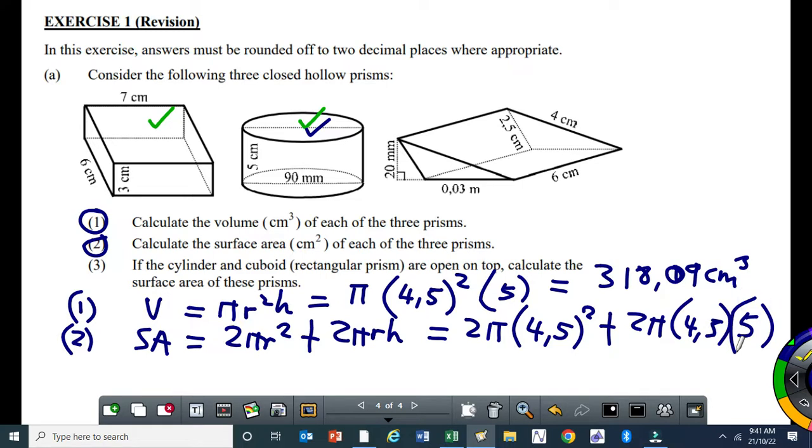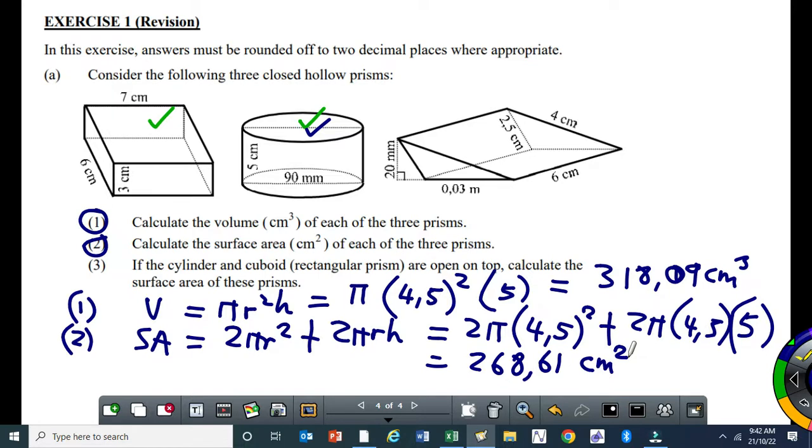Use the calculator, then what do you get? 268,61. Now this is area, so it will be centimeters squared.